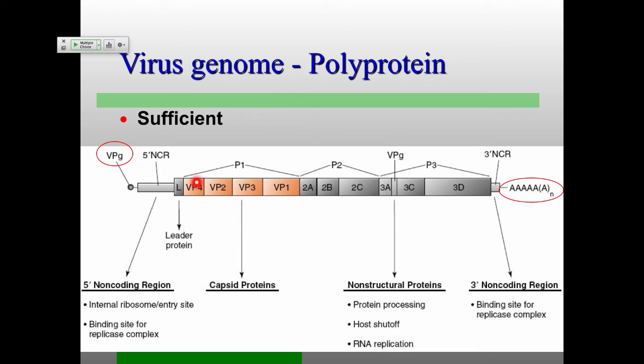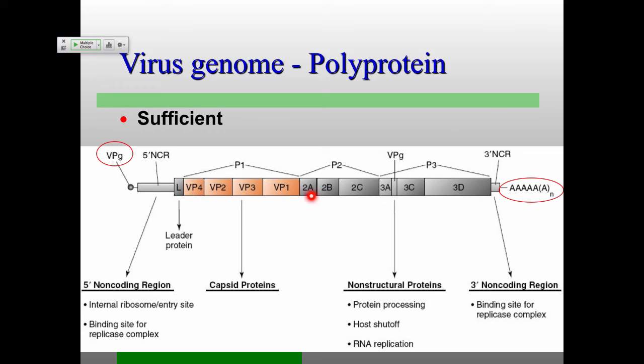So in this polyprotein, and polyprotein should actually be telling you something about what happens here, lots of different proteins that are going to be translated as one protein, but then chopped up into a whole bunch of other proteins. These ones should sound familiar. VP4, that's on the inside, VP1, 2, and 3. These are all the proteins which are making your capsid.